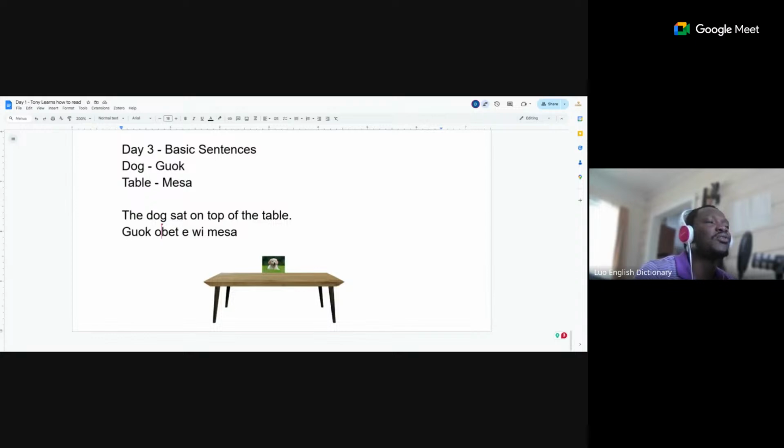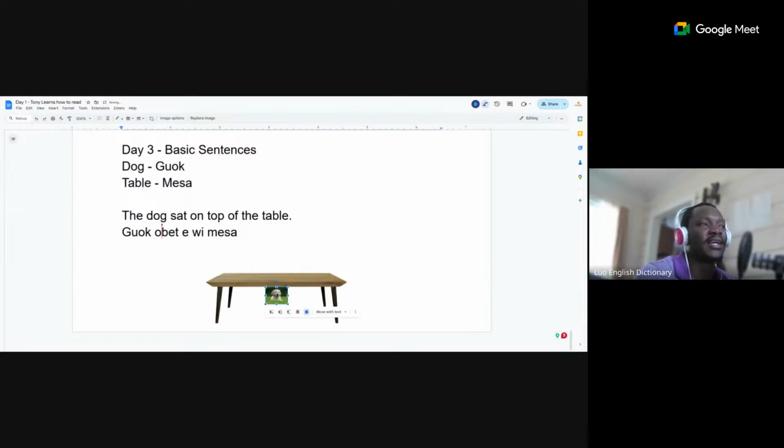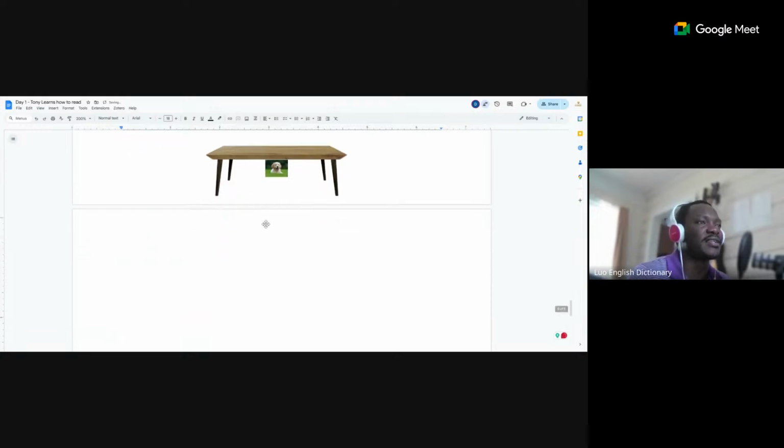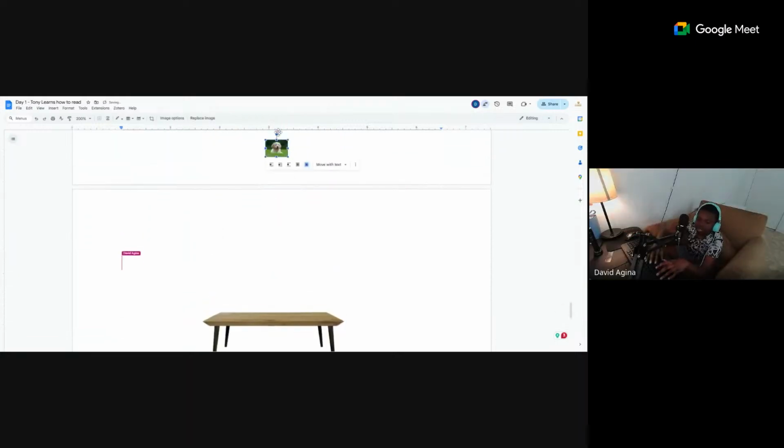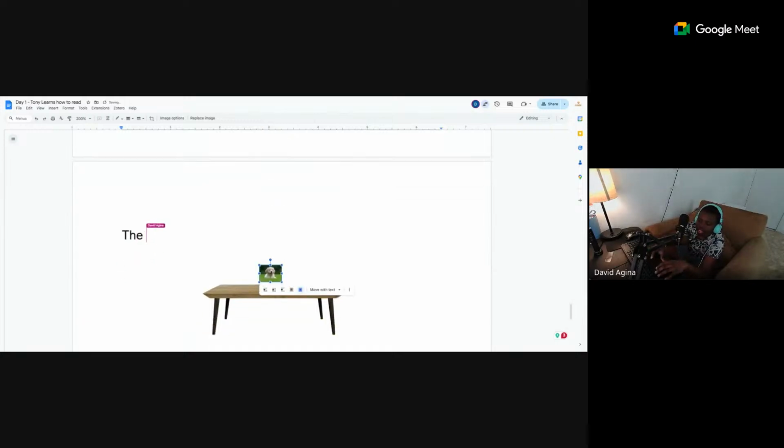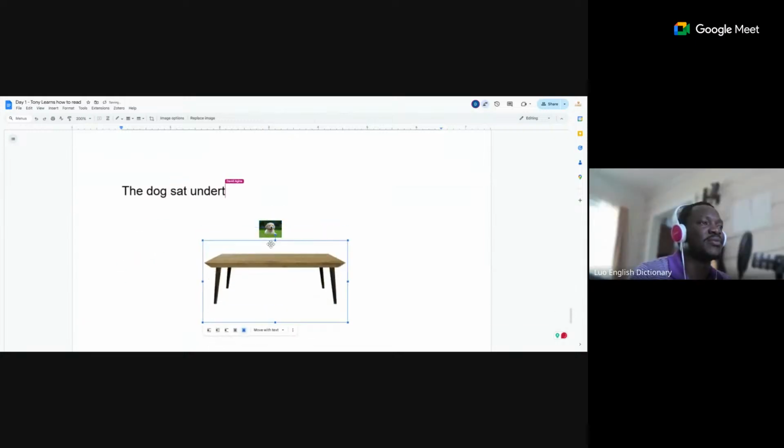Good. Can we now do it the other way? Let's put the dog under the table, and let's see whether you can get that right. Now write the English word for it. Move to page 2. So it's now under the table.